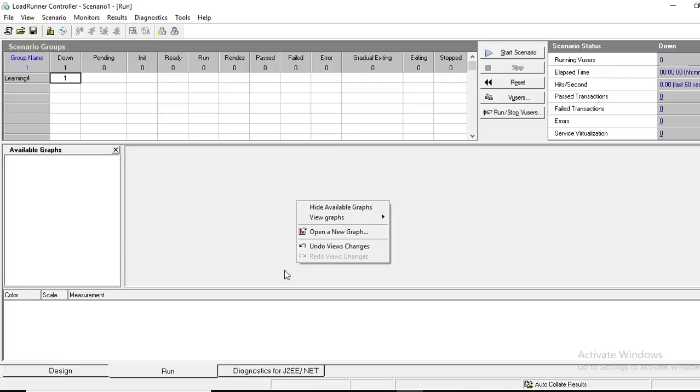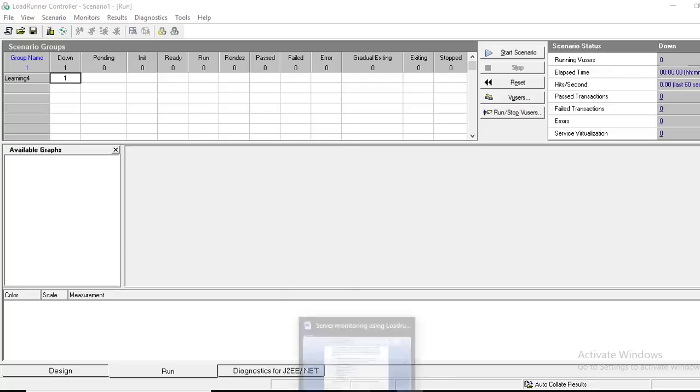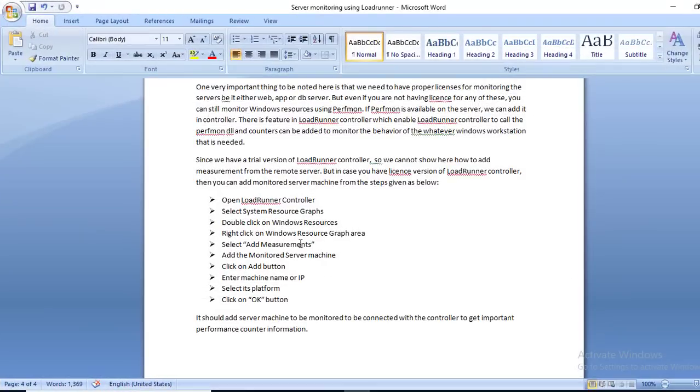Since it is the trial version, it is not showing, so we will add the measurement at the monitor server machine. I will add a monitor server machine here. Click on the Add button. I will enter the machine name or IP of the server machine, select its platform, give the username and password, whatever is required, and click on OK. It should add the server machine to be monitored and connected with the Controller to get important performance counter information.